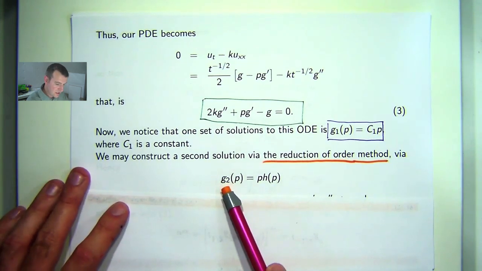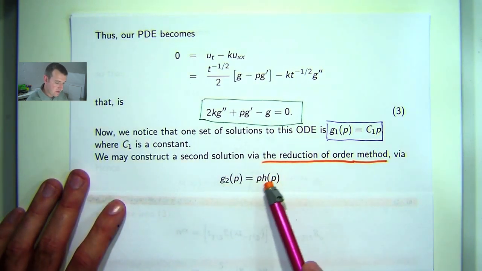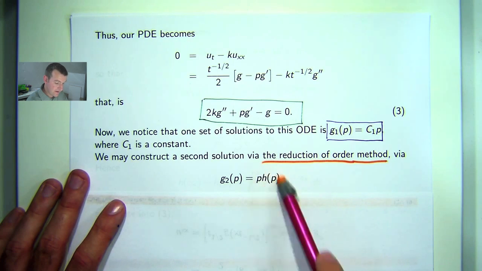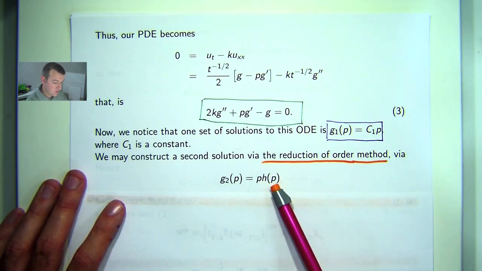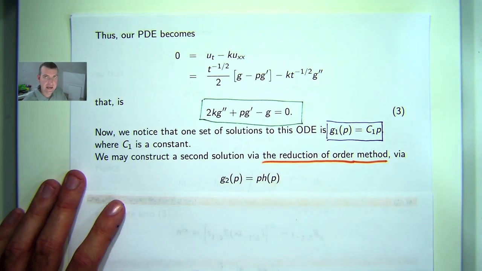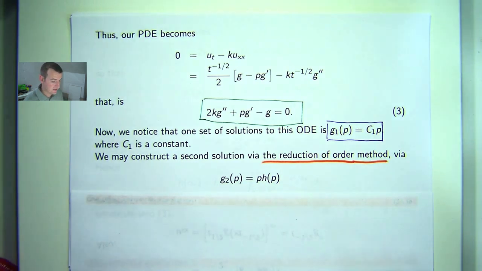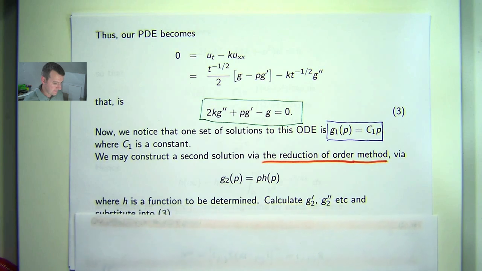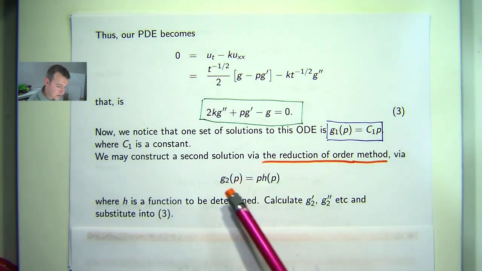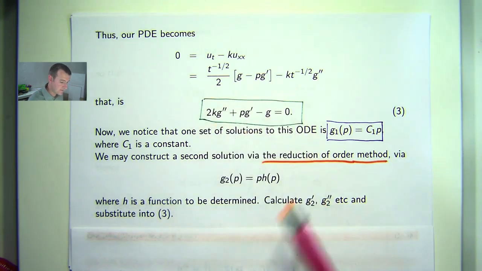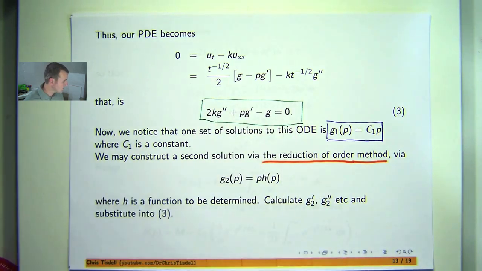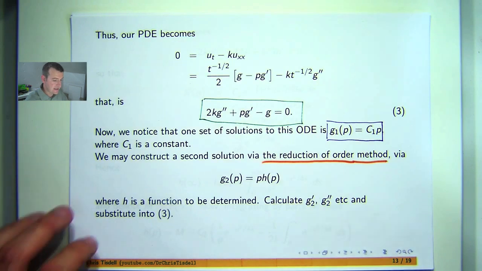We build another solution by multiplying this by an unknown function h and trying to set up a new differential equation for h, which we can hopefully solve, and is reasonably simple. Okay, using the product rule, you can calculate G2 prime, G2 double prime, plug them in here, and form a new differential equation in h.